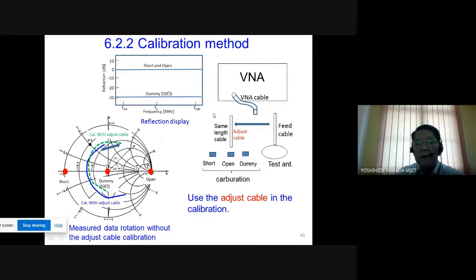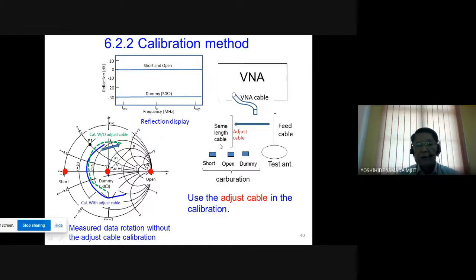And one important point is, if the test antenna is fed by some length of feed cable, we must use the same length of adjust cable for the calibration measurement.